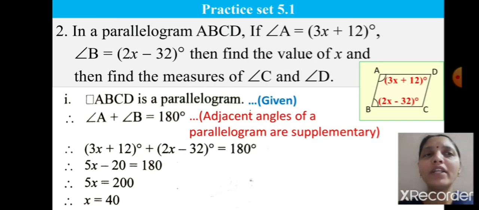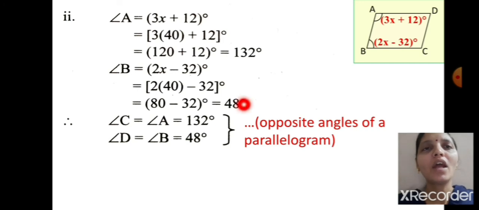So to find the values of angle C and angle D, we have to substitute the value of x in these measures. Okay, so let's write down. Angle A is equal to 3x plus 12 degree, that is equal to 3 into x value is 40.